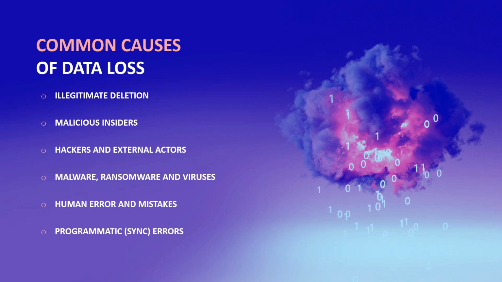So illegitimate deletion, malicious insider, somebody doing things to your data on purpose. Hackers and external hackers or actors. You can get malware. If malware is on your computer, it can actually propagate into your cloud data as well. Human error and mistakes.